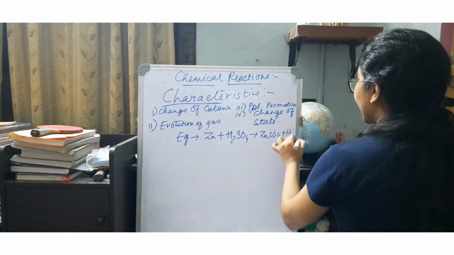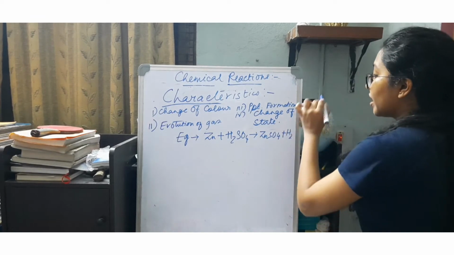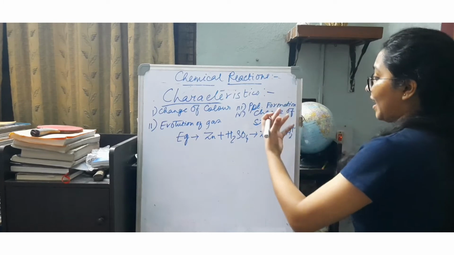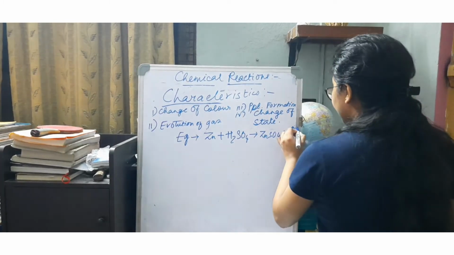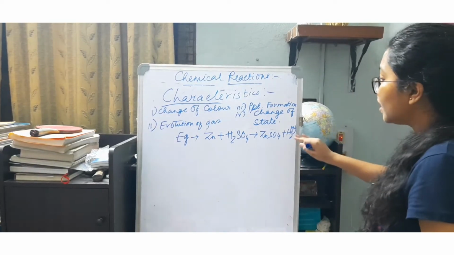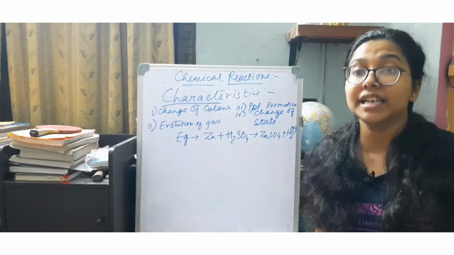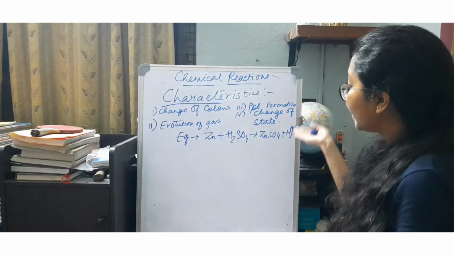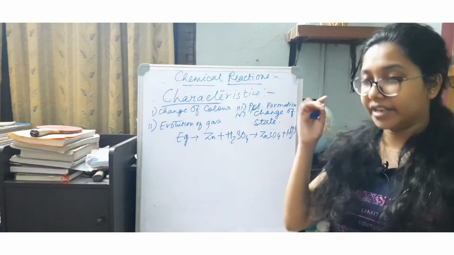So the moment hydrogen is formed, as it is a gaseous product, it will be evolving out, and whenever a gas is evolved in a product, beside the gas we often denote it with the upward arrow sign. That means, what does the upward arrow sign mean? That yes, it is a gaseous product which is getting evolved out of the particular reaction.